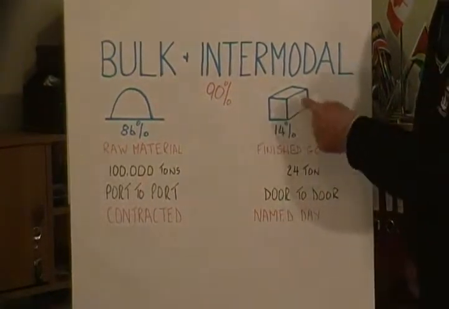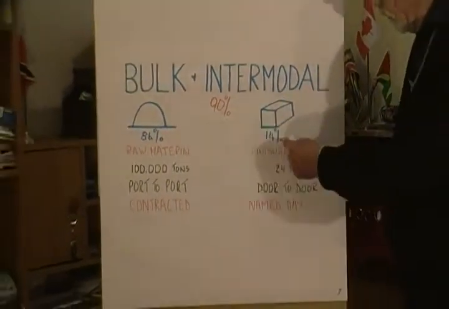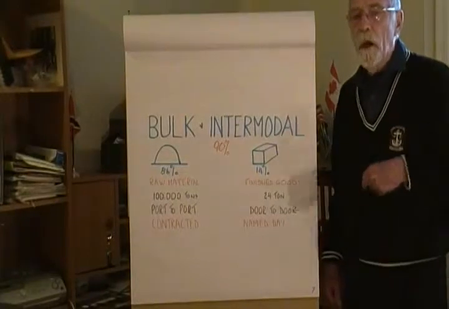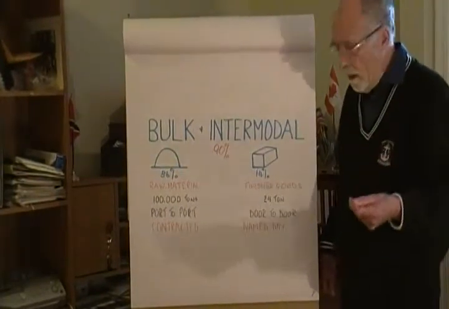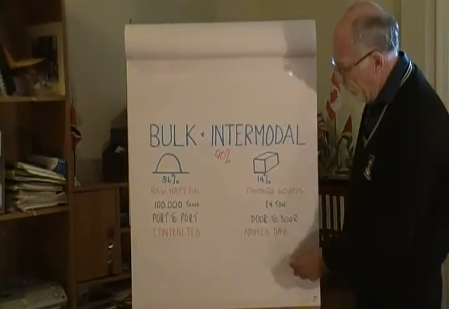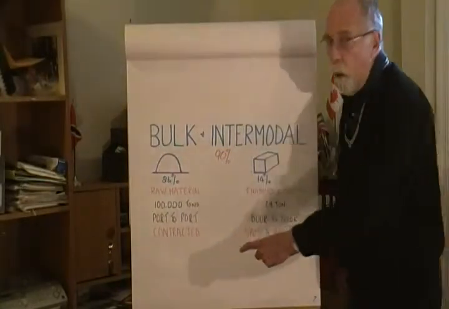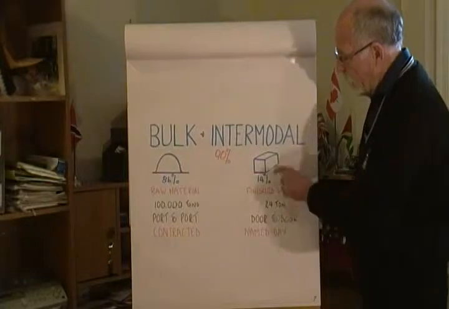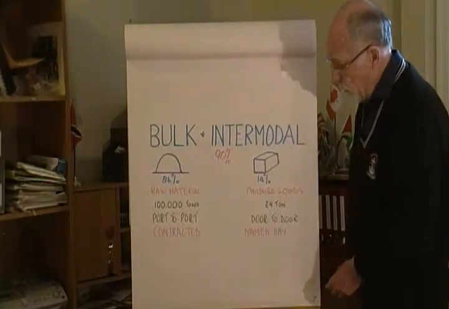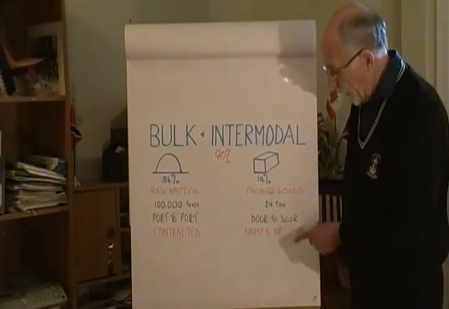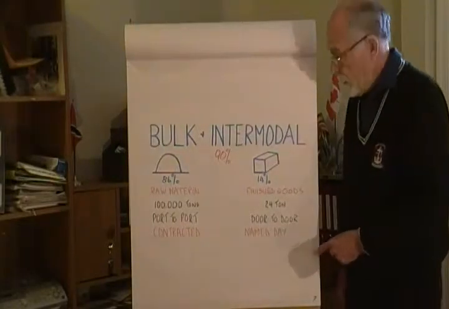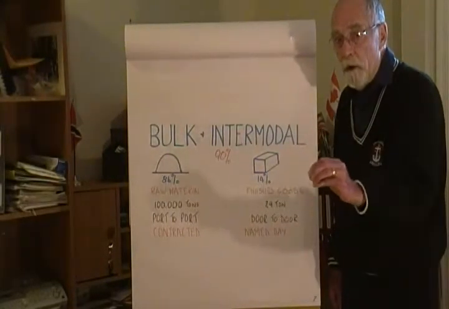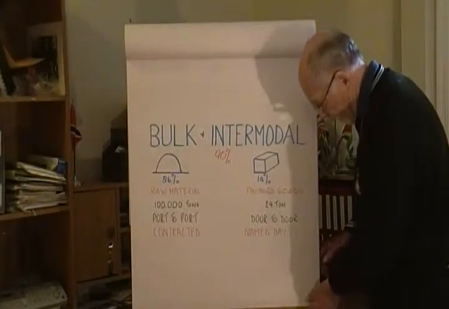On the other side, we have containers which contain finished goods which can weigh up to 24 tons and even higher if it's a 40-foot container. This is one-off, large amounts of goods. This is smaller amounts of goods in a container, but it's on a named-day service. This is high-value cargo, and the client wants to know when he's getting it.